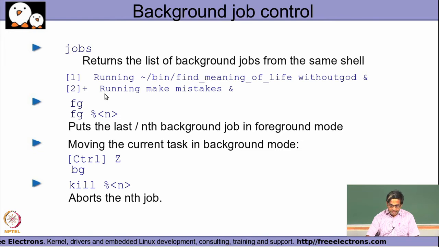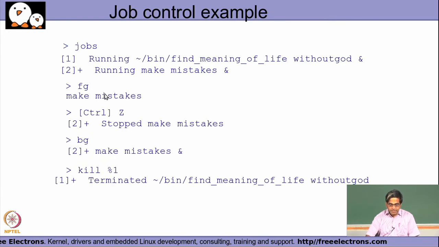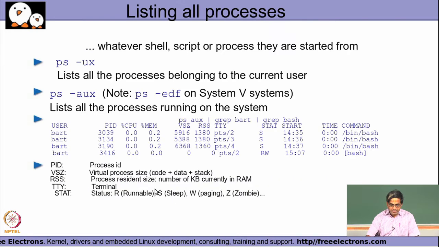That will abort the job that is passed here. So, again, an example of how you could make use of this: if I say kill %1, it reports back terminated and then tells me whatever job was given for that particular background task.